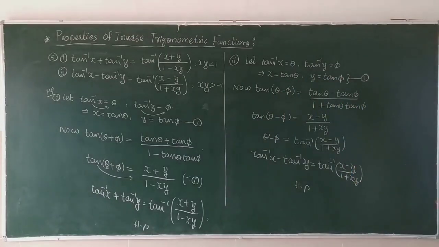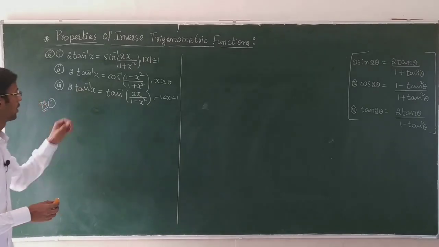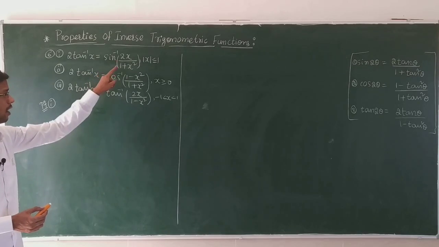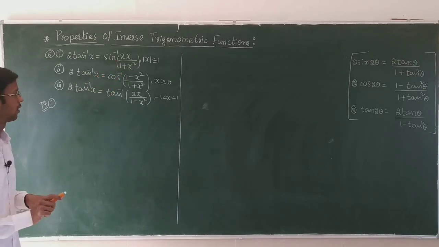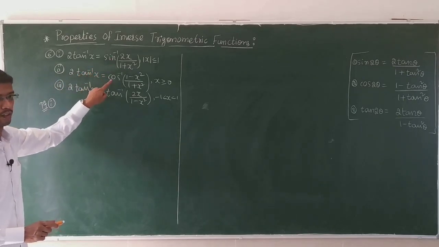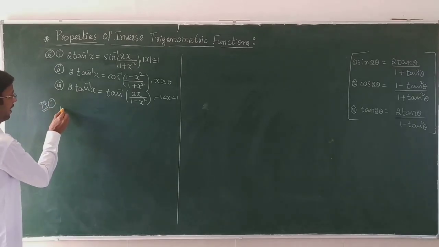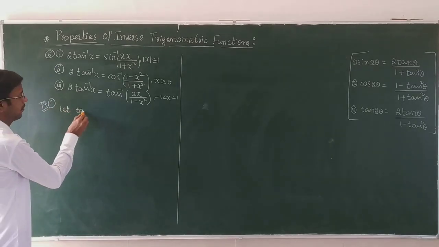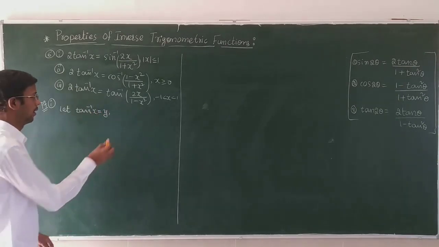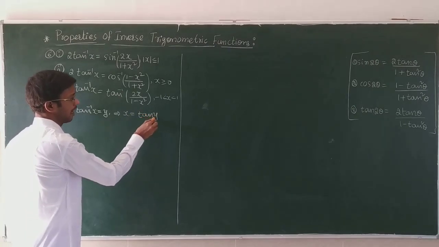This is property number 5. Property number 6: 2 tan inverse x is equal to sin inverse of 2x by 1 plus x square. All are 2 tan inverse x formulas in terms of sin, cos and tan. First of all, I will take tan inverse x is equal to y, which implies x is equal to tan y.